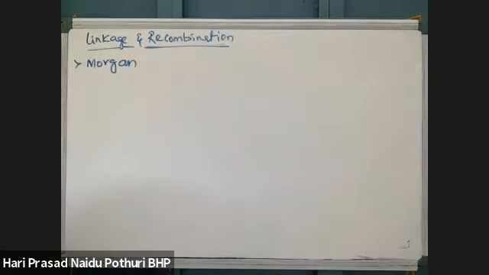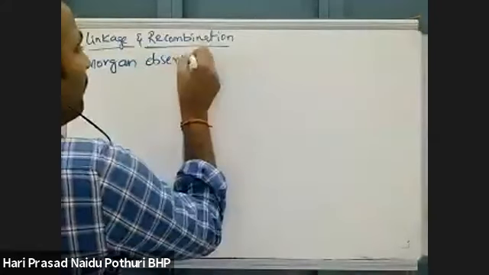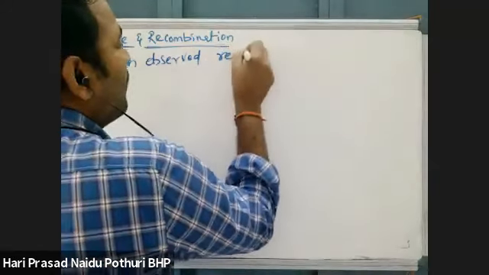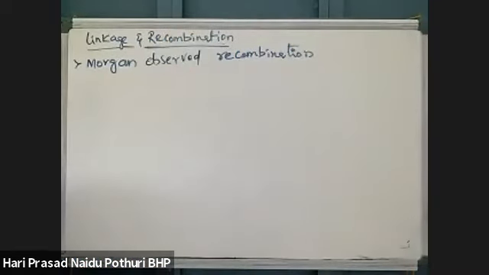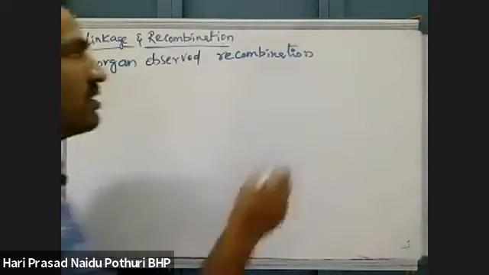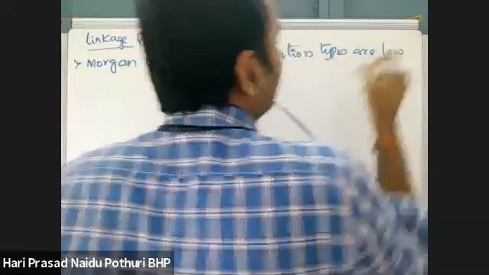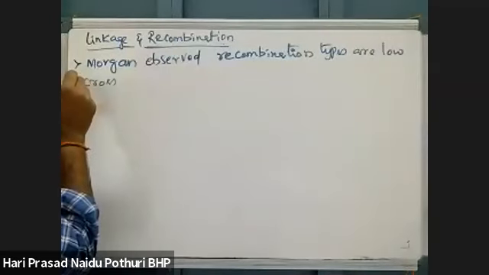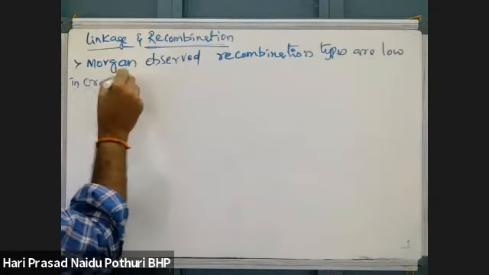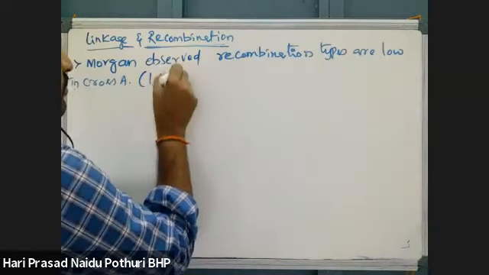When he conducted those experiments, he observed recombination in different ratios. Morgan observed that recombination types are low in a cross. Suppose in cross A, recombination types were low, just 1.3% of recombination was seen.